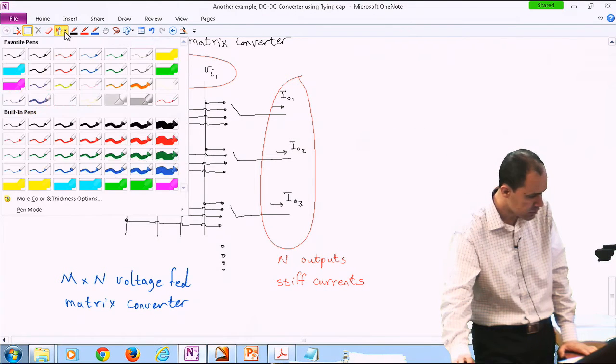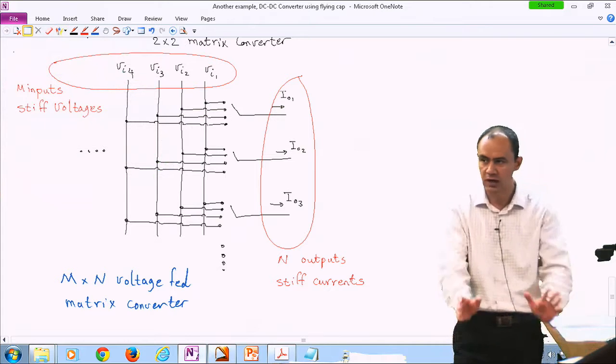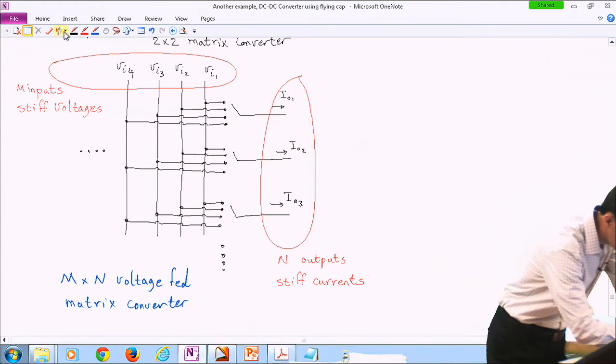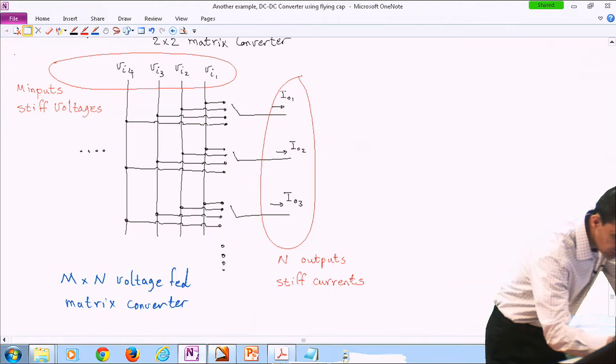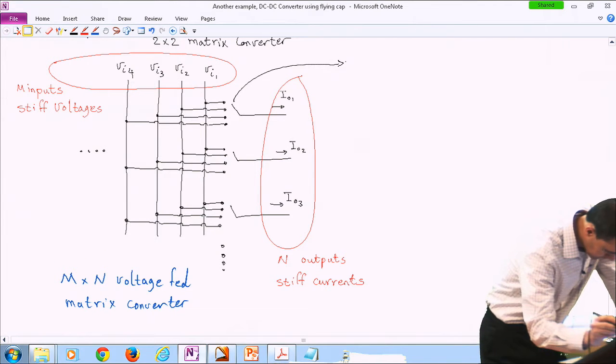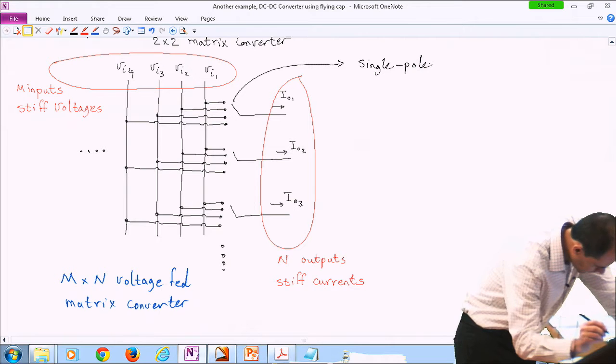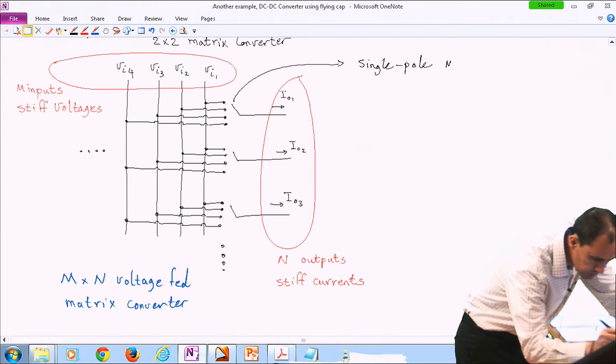What about the switches? Remember, whenever we draw a switch, we have to worry about the realization of the switch. If you look at these switches, there is a single pole here, but we have M throws.